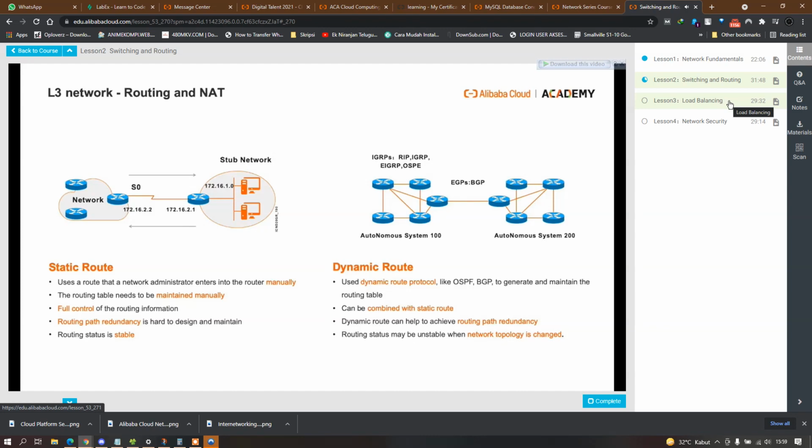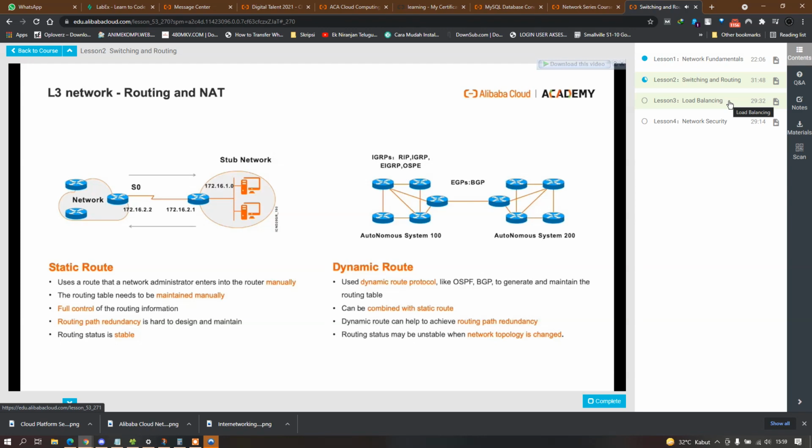But for dynamic route, all the routing information in the routing table is automatically generated by dynamic routing protocols like OSPF or BGP, which means there is no human being required to maintain or generate the routing table.